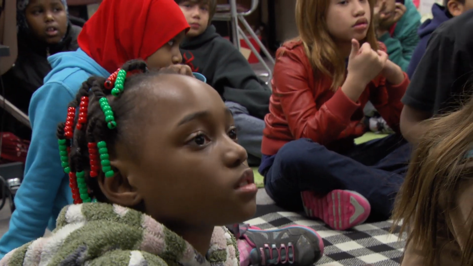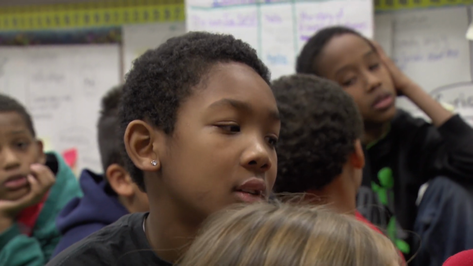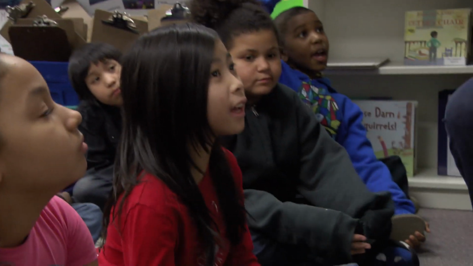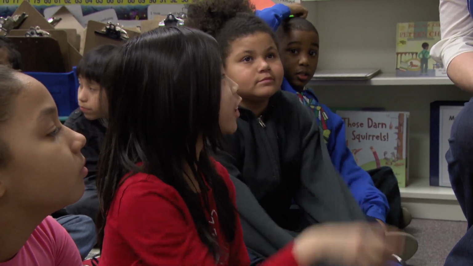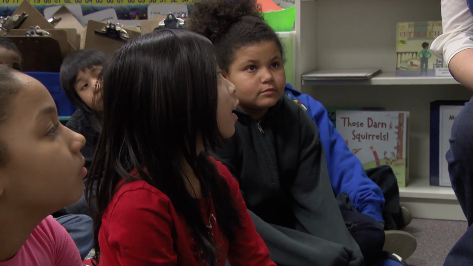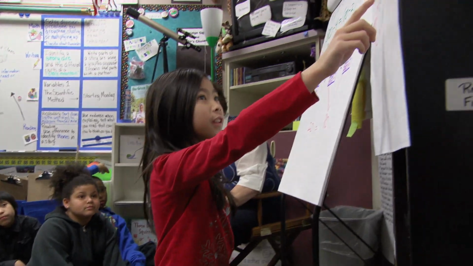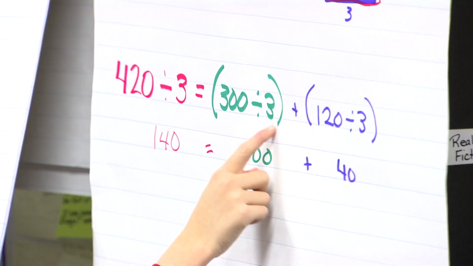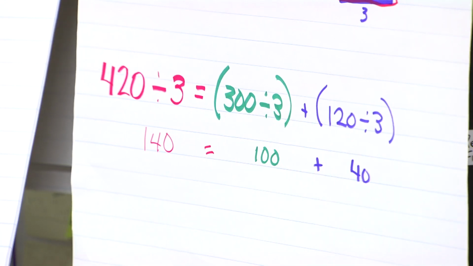And then, so right here, this says 420. Vivian, you want to add on? I would like to add on that on here, the divisor didn't change, and on here the divisor changed. Can you prove to us that the divisor didn't change? She says the divisor didn't change over here. The divisor stays the same, but the dividend is different.